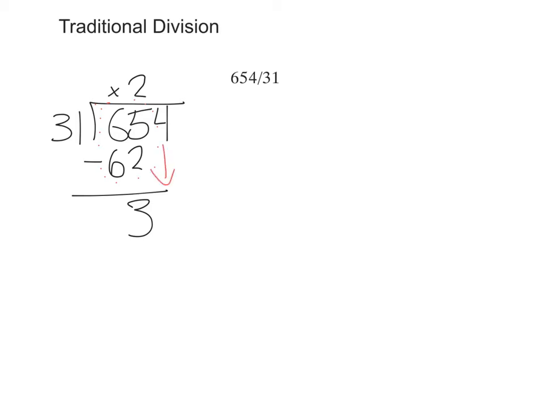So now I am looking at how many times does 31 go into 34. That would be 1 time. And the number I have left is 3 again. So, in our original problem, we have nothing else left to bring down.